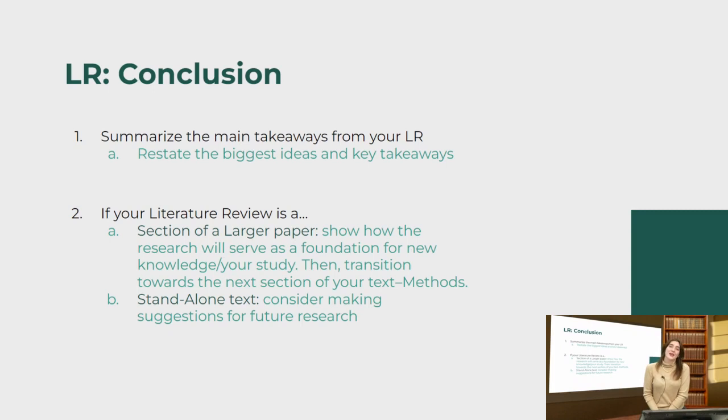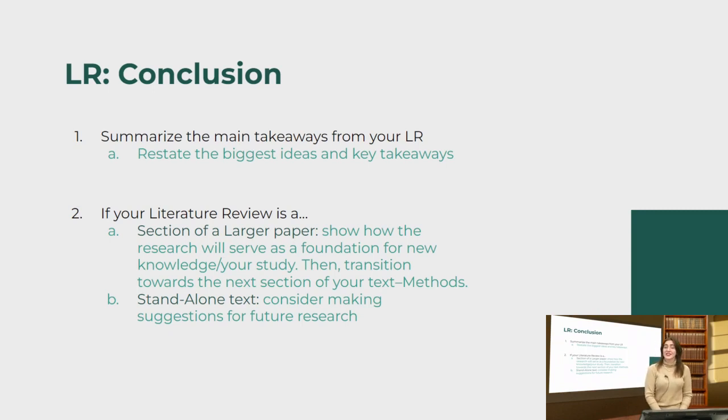Even though you already gave them your key points, even though you already provided that evidence, in your conclusion, you want to tidily restate it, bring it back up, hammer it home, and make sure it's something that your audience doesn't miss. Again, if your literature review is a section of a larger paper, you want to show how the research will serve as a foundation for the knowledge you're trying to convey and for your study.